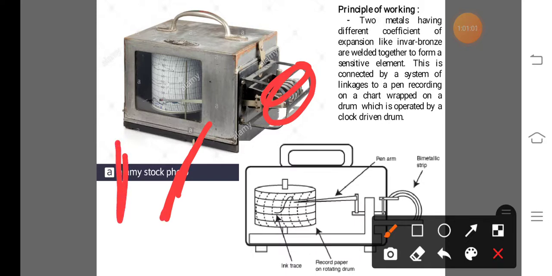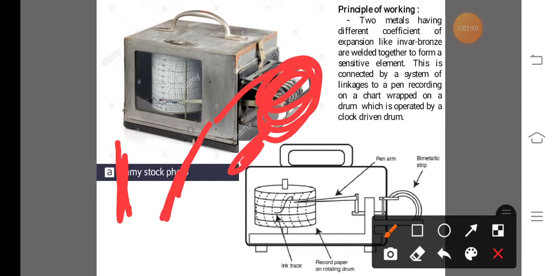This increasing and decreasing temperature is marked on the recording paper, which is attached on the rotating drum.